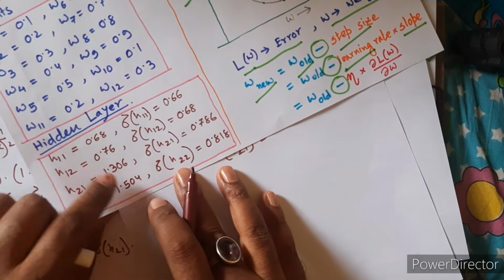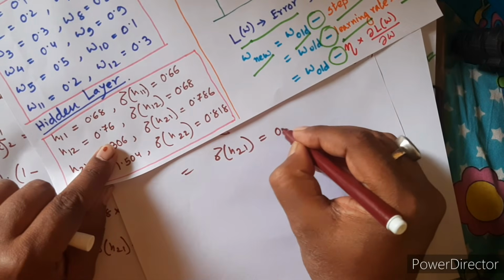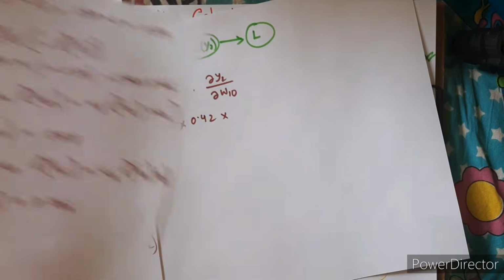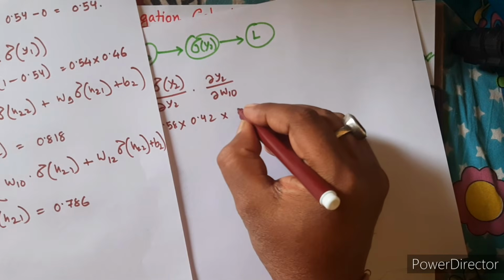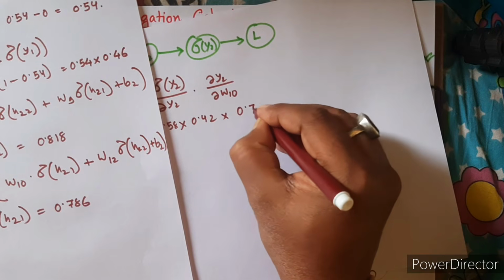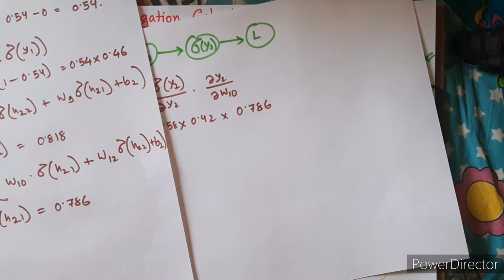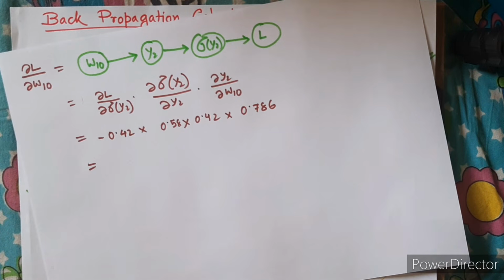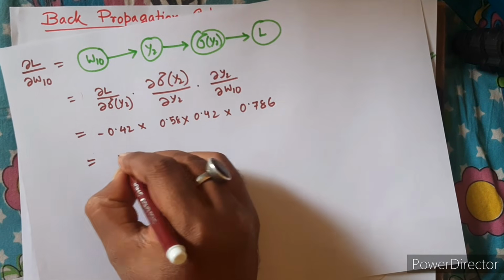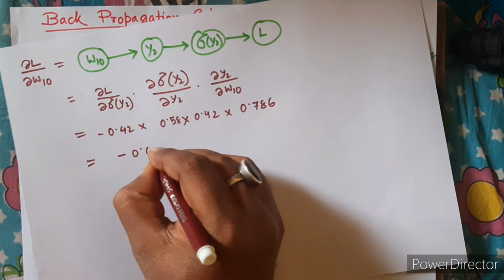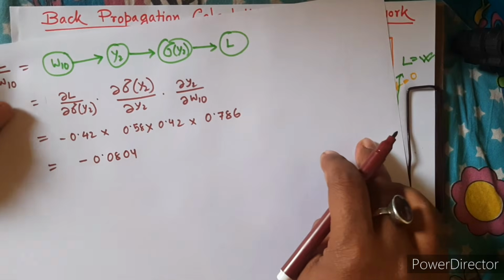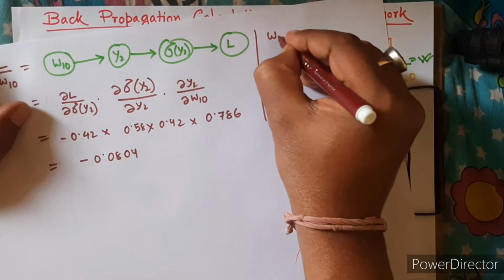It is 0.786. Putting that value here and calculating, it will be minus 0.0804.